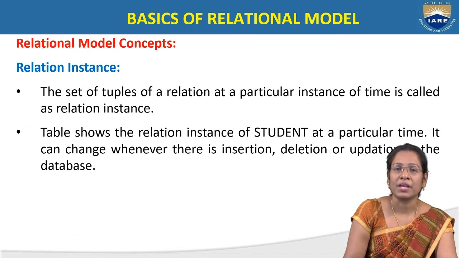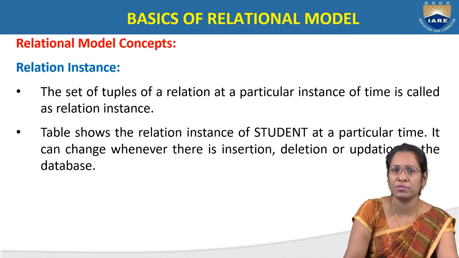Now the next one, relation instance. As we discussed, what is instance and what is schema? Instance is nothing but what changes frequently, but schema cannot be changed frequently. Instance is what changes at a particular moment of time. So here the set of tuples included in the relation at that particular instance is called a relation instance. Why do we call it the set of tuples of the relation at a particular moment?